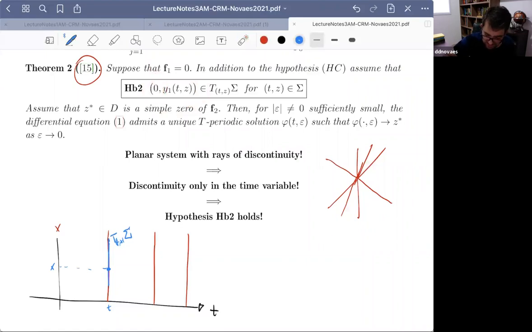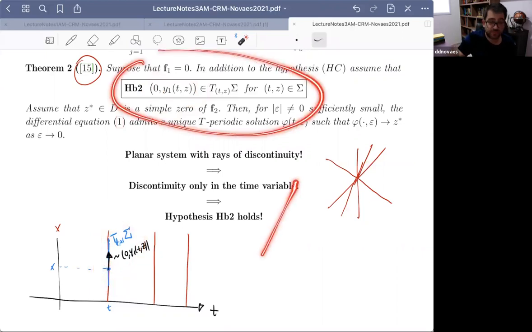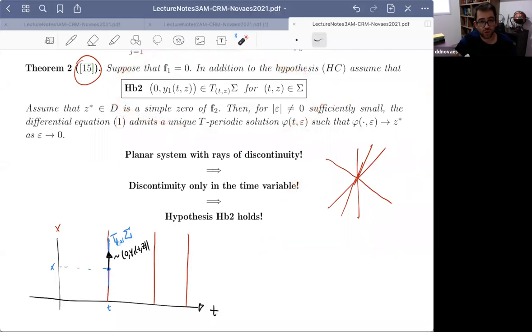So this vector is something like that. This is the vector (0, y1(t,z)). Of course, we have to see the origin of our space at this point. Okay, so in this situation, this hypothesis always holds.